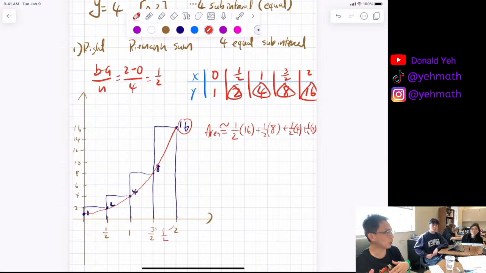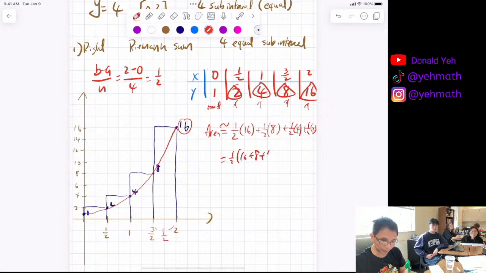I use the 4 rightmost points. Those are the values I use for right, and this one I omit, that means I ignore it. Then it equals 1/2 times (16 plus 8 plus 4 plus 2), which eventually equals, I believe, 30 over 2, which is 15. This over approximation is going to give me 15.